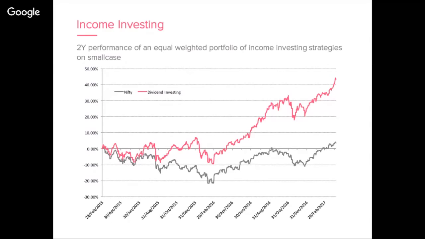Now, suppose in the same year, the company also announced a dividend of 5 rupees. So at the end of the year, the total amount of money that you made by investing 100 rupees into the stock is actually 125 and not just 120. The stock price 1 year down the line would be 120, but 5 rupees you would have received in your bank account as the dividend from the company. This is called the dividend return.